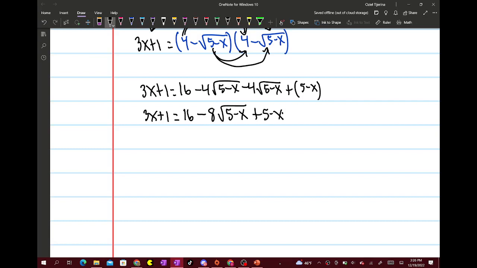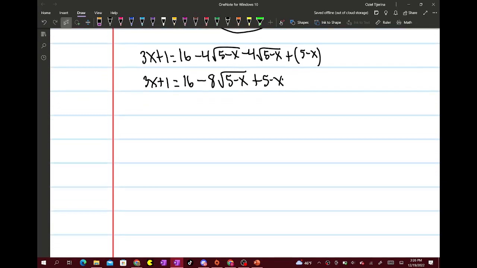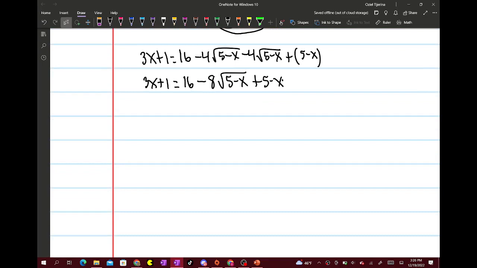Okay. So then what you're going to do is you're going to get the square root by itself. So that square root term that you have right here, we're going to go ahead and get that by itself, right?